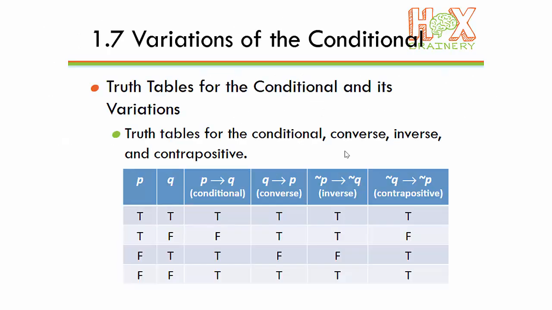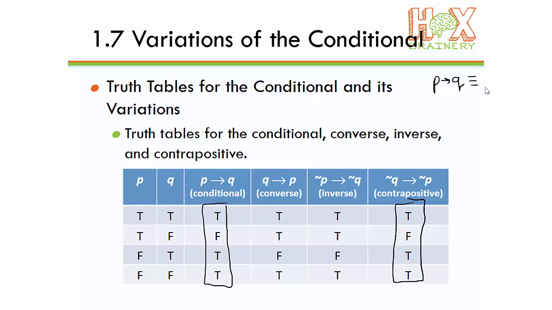So this table here provides the truth table. This is like a large combined truth table, but it shows the truth values for the conditional, the converse, the inverse, and the contrapositive. So if you look at the conditional and the contrapositive, those are logically equivalent. They have the exact same truth values down their main columns.